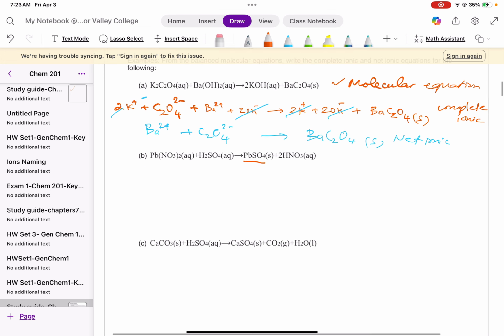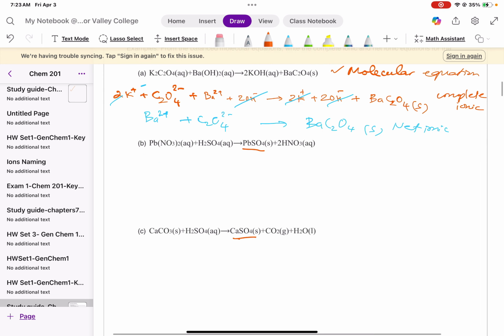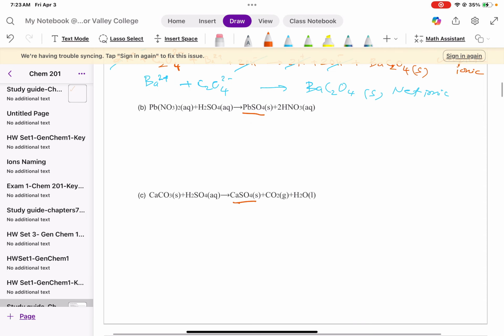Make sure we keep that. Actually, for this one we don't need an ionic equation, because there's nothing we can break, only sulfuric acid.